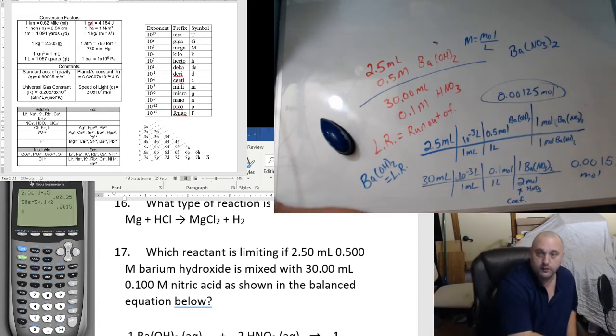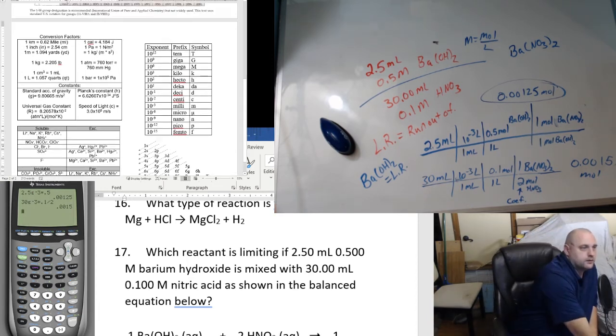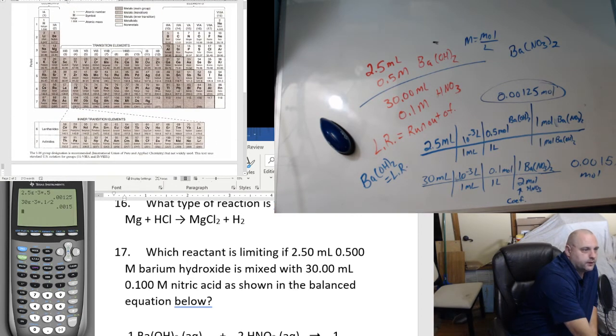So barium is 137.3, plus I've got two nitrogens, 2 times 14.01, plus 6 oxygen.